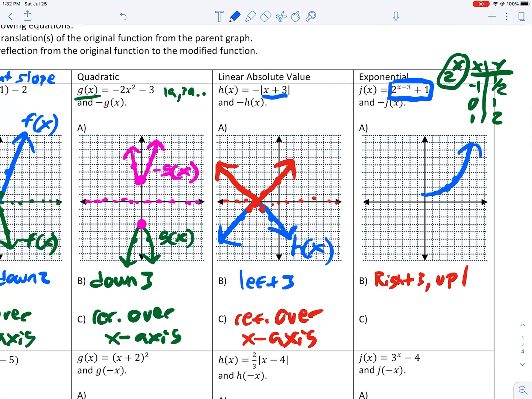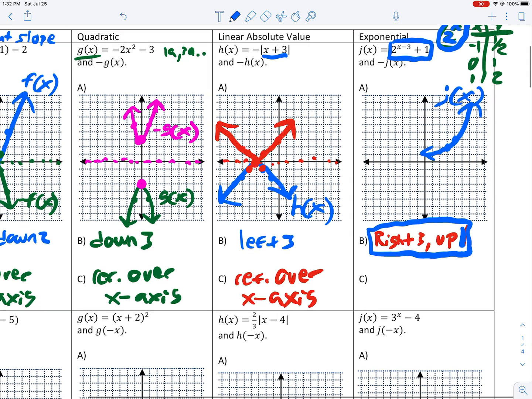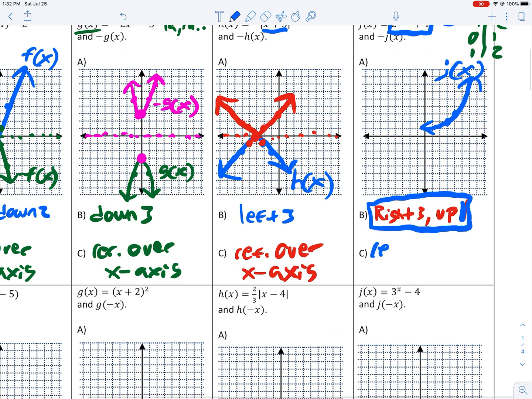I have my sketch of j of x. All I did was take the parent function, 2 to the x, and I translated it right 3 and up 1. That's all I did. Now I'm going to reflect, right, over the x-axis.